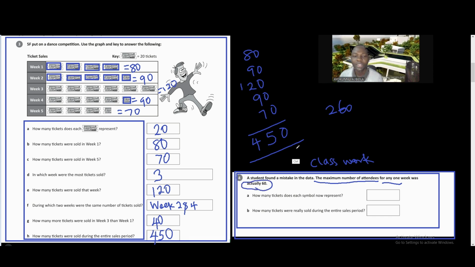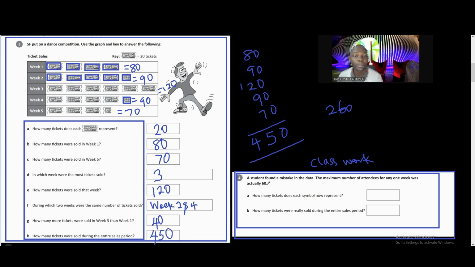So it could never have been 450, okay? Because the maximum will be 60. That means the highest number of people that can attend the dance competition is 60. So that means we have to change this, okay?